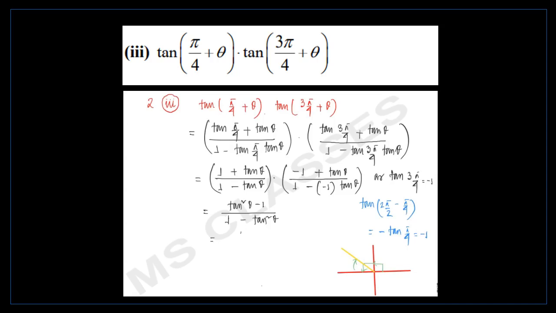We take minus common from the numerator, so it is 1 minus tan square theta by 1 minus tan square theta, which gives us minus 1, provided 1 minus tan square theta is not equal to 0. We come to the conclusion that the whole expression gives us minus 1.